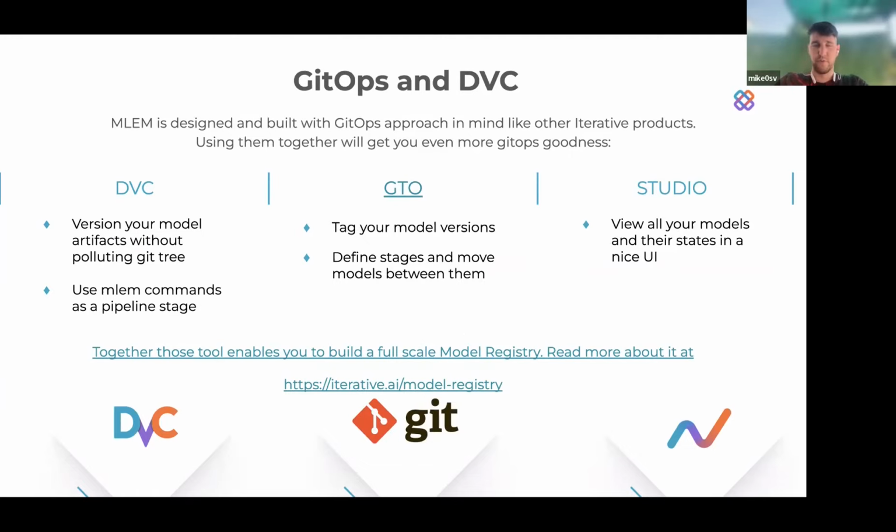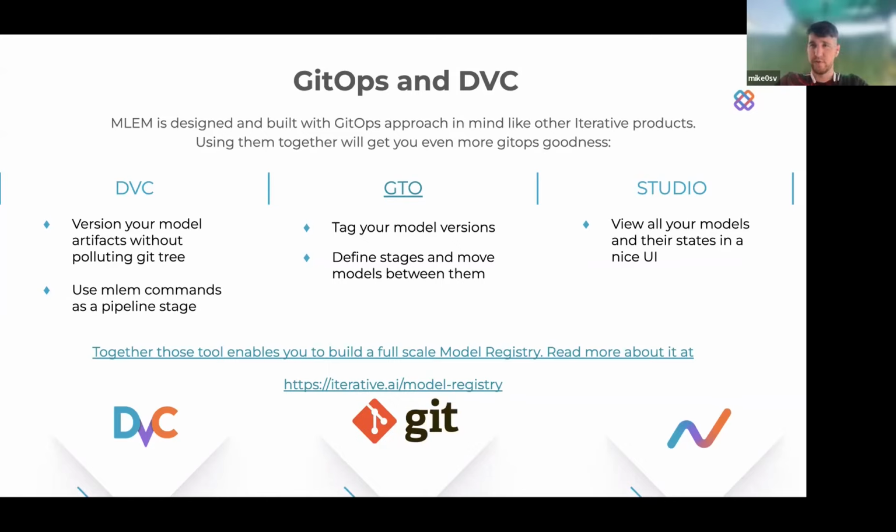It stores your big binary objects, which models and datasets often are. It stores them in remote cloud storages like S3, but you still get the versioning power of Git. So you can store your artifacts with DVC and get model or data metadata from MLEM.